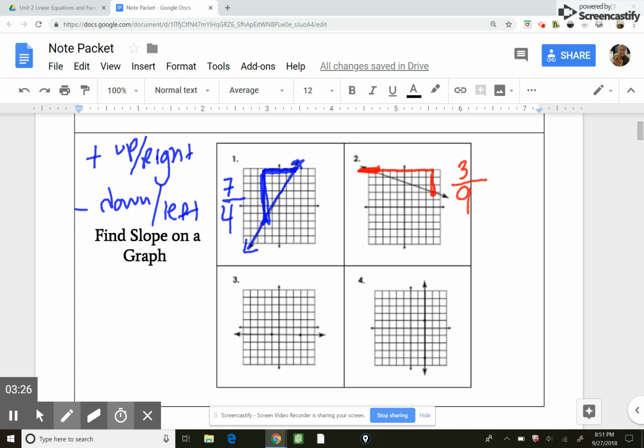Since I went up, that's a positive 3, and then left would be a negative 9. Or you can look at your line and see that it's falling. So this is a negative. And when we do this, always reduce your fraction. So 3 and 9 can be reduced to negative 1/3. It doesn't matter where you throw the negative, it's just that it's a negative line. So make sure you put the negative somewhere.